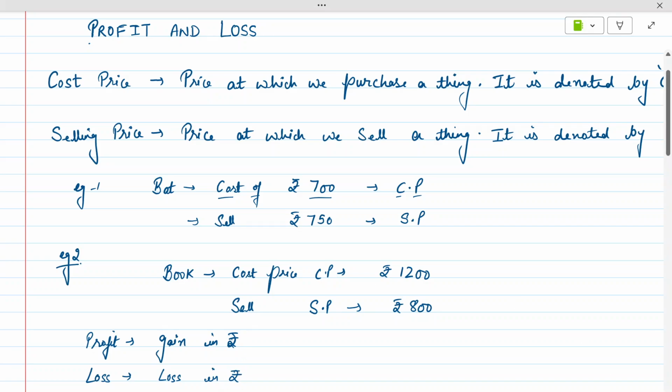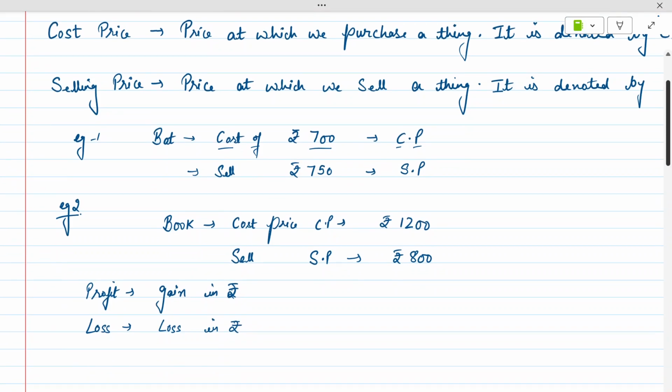Okay, so let us go through these two examples and identify whether we had profit or loss in each case. If I go to the first example where we purchased the bat at 700 and we are selling it at 750, my selling price in this case is 750 and cost price is 700.